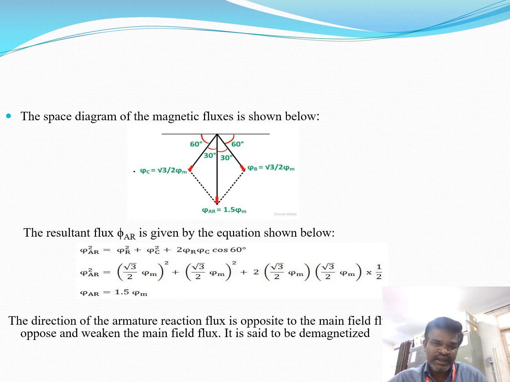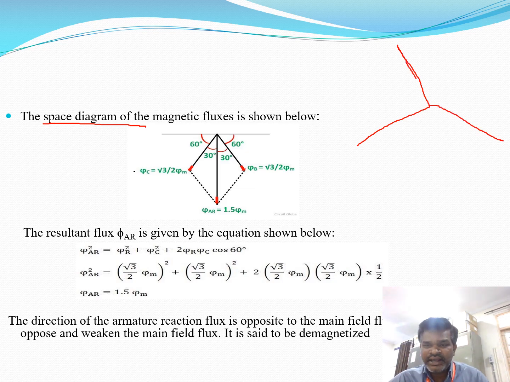So this diagram is also called a phasor diagram of magnetic fluxes at any side, because all three are displaced by 120 degrees. You can take reference at any one phase and the remaining phases in the opposite direction.